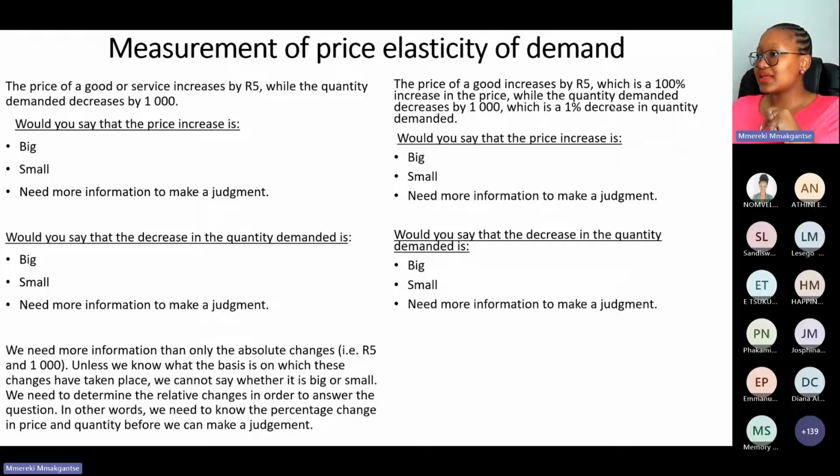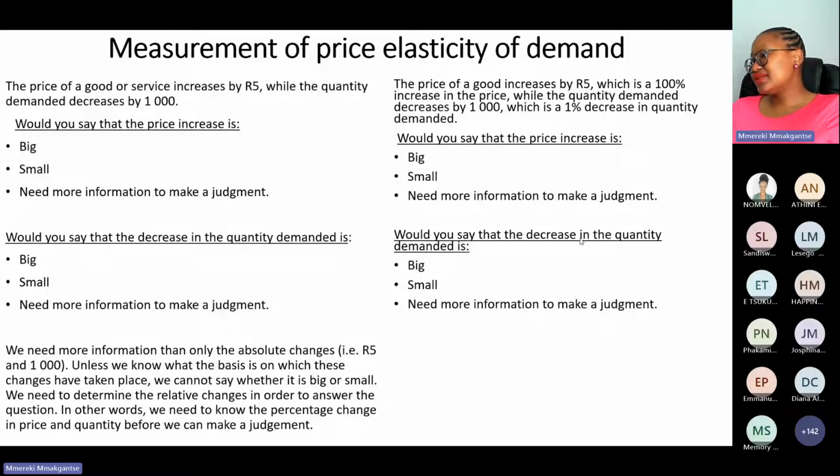Now, here's another one. We are told that the price of the good increases by 5 rand, which is a 100% increase in the price, while quantity demanded decreased by 1,000, which is a 1% decrease in quantity demanded. In this case, would you say the price increase is big, small, or need more information?